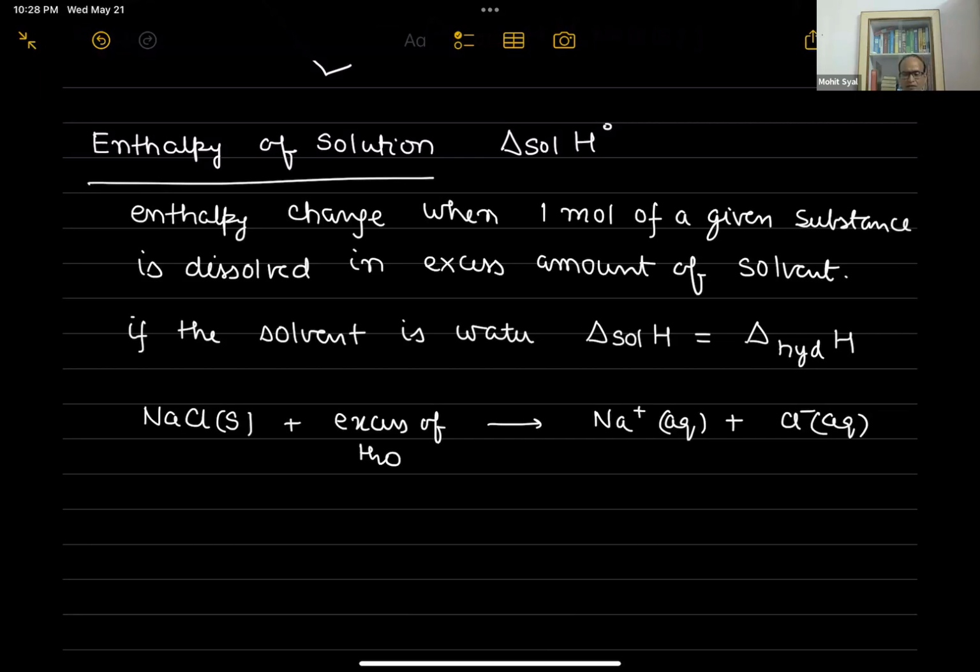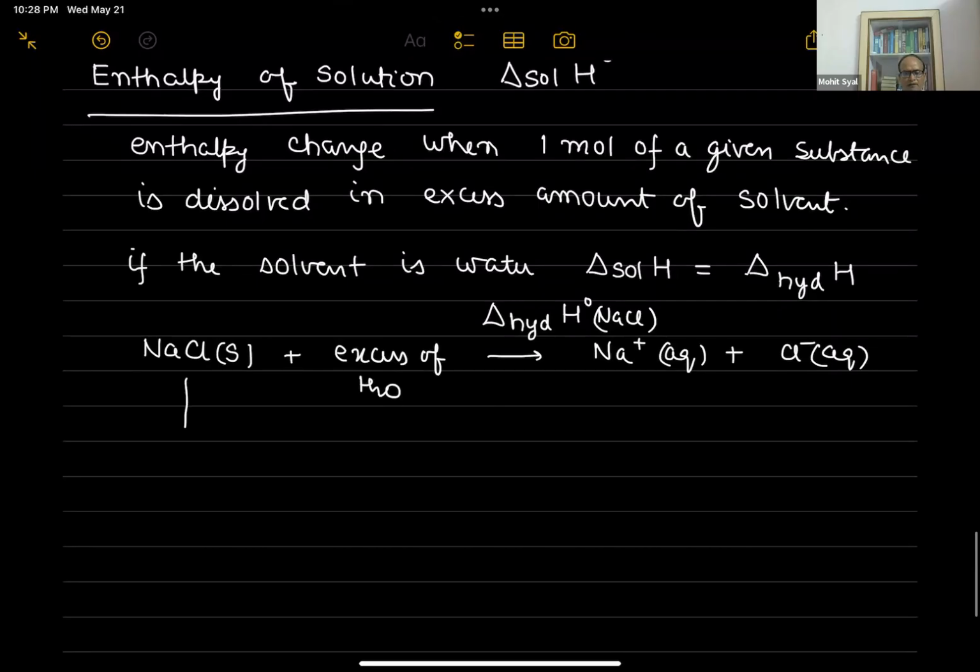Whatever the enthalpy change, because it is water, I can use the term hydration. This also can be broken into steps and calculated.